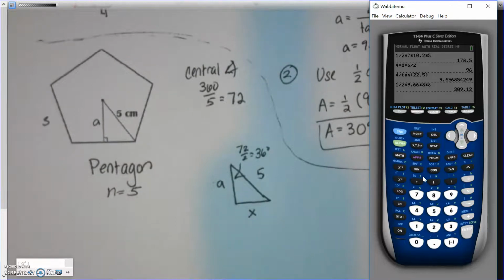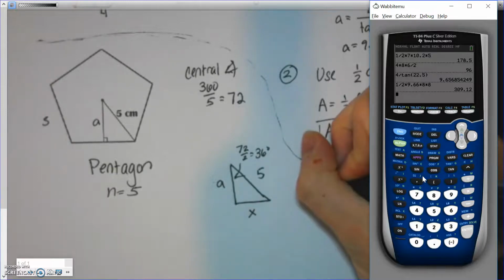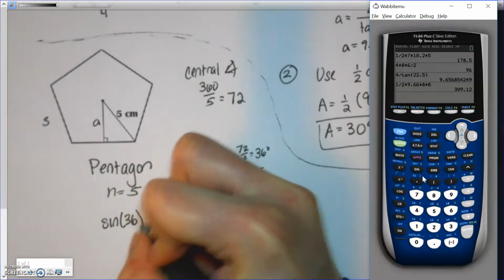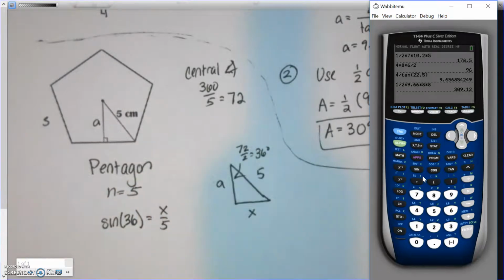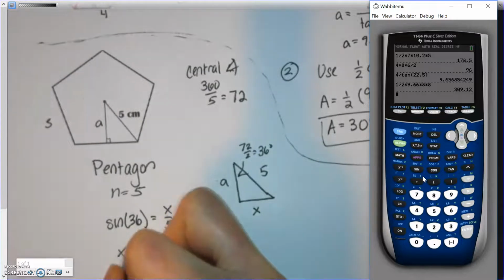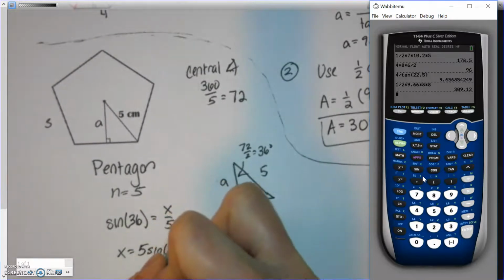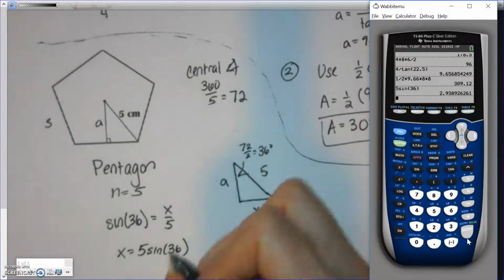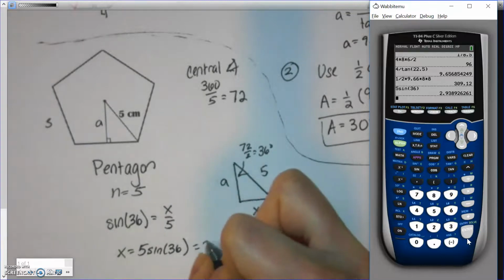So I'm actually going to need to use sine and cosine because it's going to be a two-step calculation. So I could say sine of 36 is equal to x over 5. So x is 5 sine of 36. And if I do that on my calculator, we get 2.94.